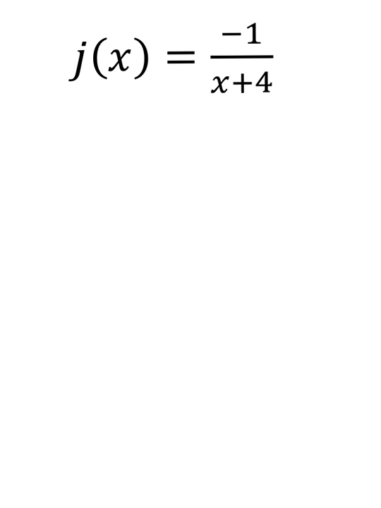So j of x, I have a number on the bottom, so my vertical asymptote, set that equal to 0, x plus 4 equals 0, that means x equals -4. Now, there's not a number adding and subtracting on the side, so I don't want you to make the mistake of saying there is no horizontal asymptote. If there's a vertical asymptote, there's going to be a horizontal asymptote.